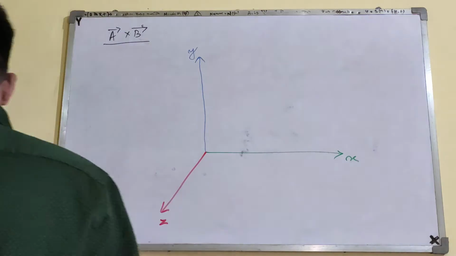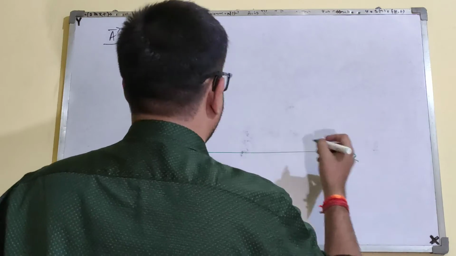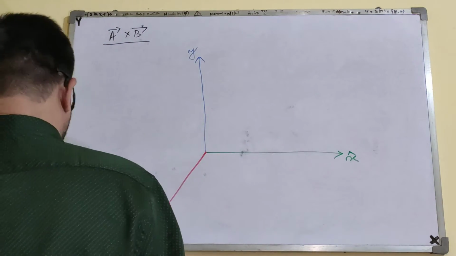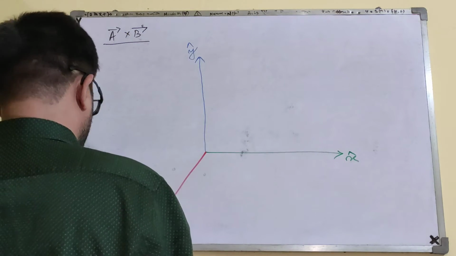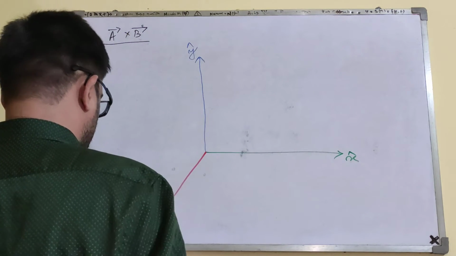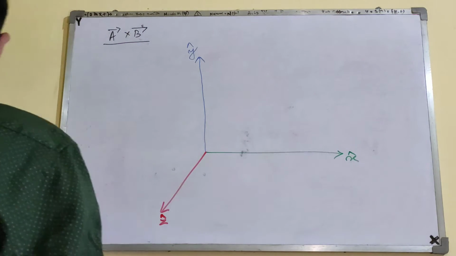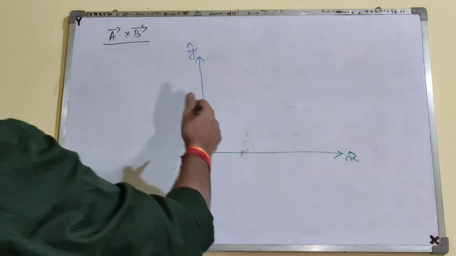Now it is better that I put the unit vectors here: x hat, y hat, and z hat.